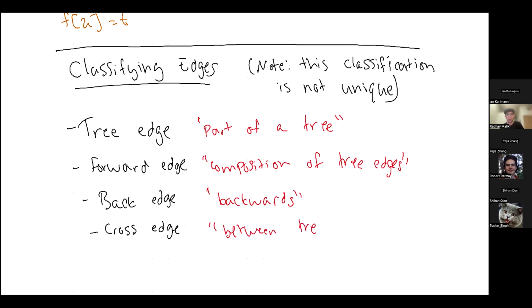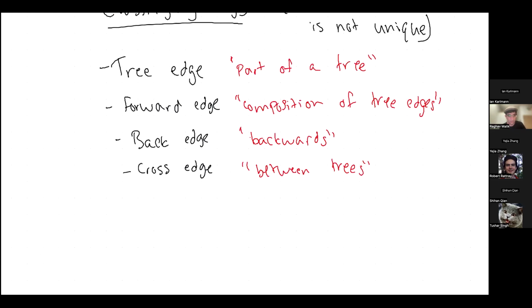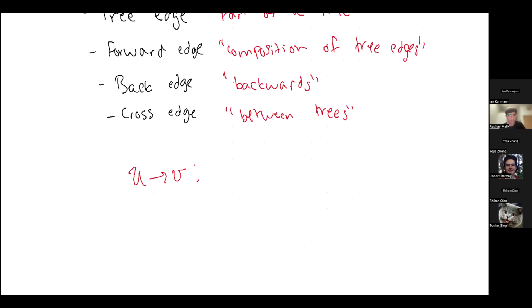More formally, if I look at an edge from U to V, if the predecessor of V equals U, then it's a tree edge, right?